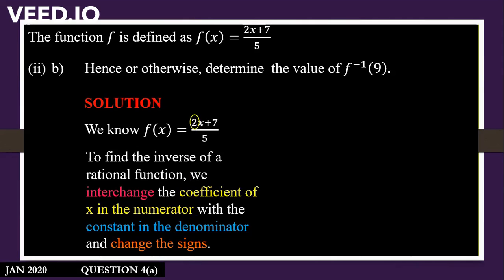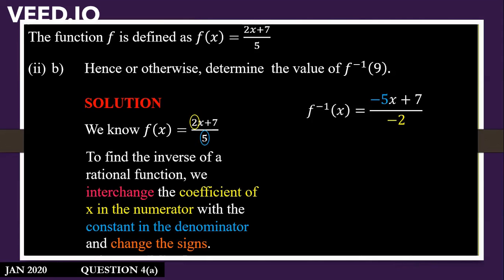So in this case, the coefficient of x in my numerator is 2, and the constant in my denominator is 5. So the inverse of f of x is negative 5x plus 7 all divided by negative 2.